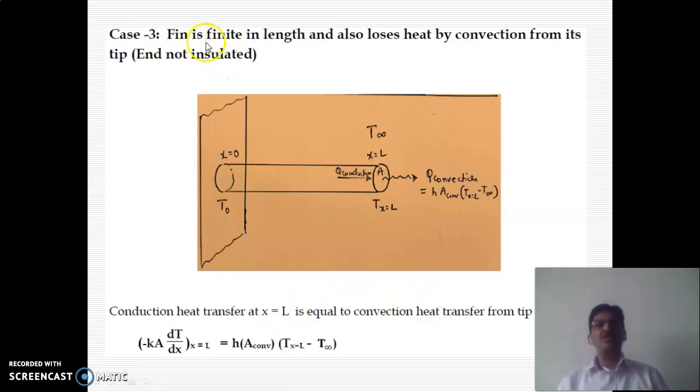So third case, the fin is finite in length and also loses heat by convection from its tip. So the end is not insulated, but heat is convected to the atmosphere, that is Q convection is equal to hA delta T. Here you can see the base temperature T0 at x is equal to 0, and at x is equal to L you will get this boundary condition, Q convection is equal to hA delta T at x is equal to L minus T infinity.